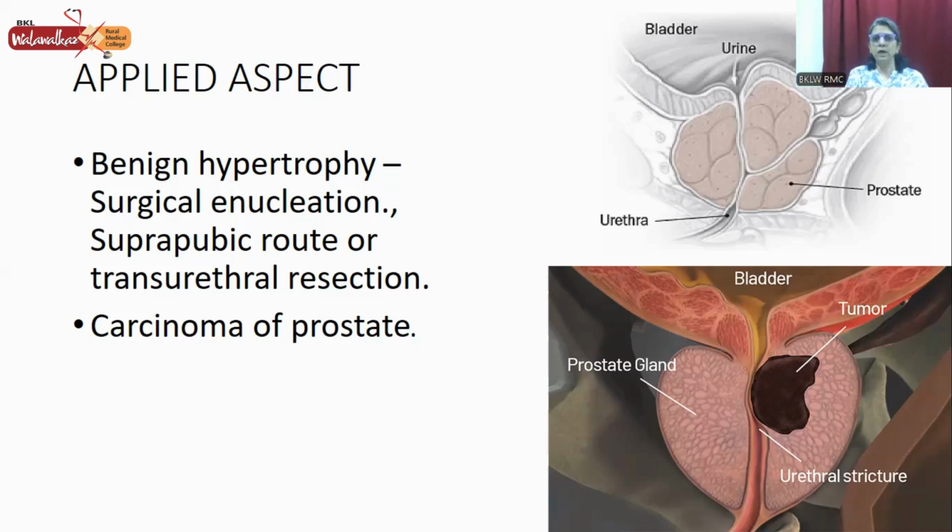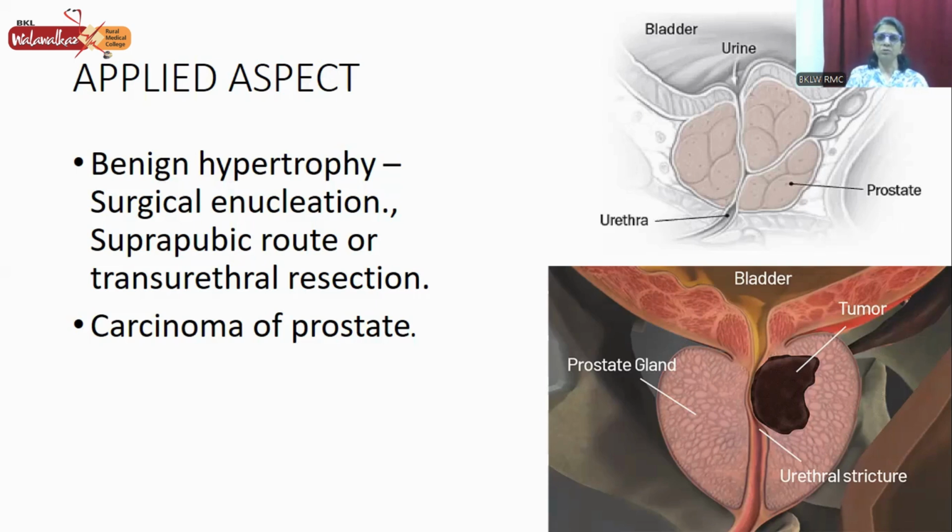What they do is transurethral resection, because in open surgery there is a lot of bleeding, as we saw there is a venous plexus and rich blood supply. So the blood requirement also increases in this person, and you have to arrange a lot of blood bottles when you want to operate. Instead of that, now in advanced practice we do transurethral resection, where the bleeding is less and the patient becomes mobile faster.